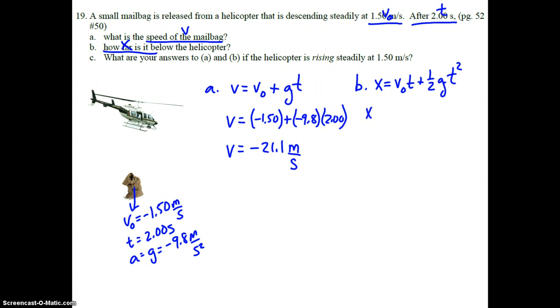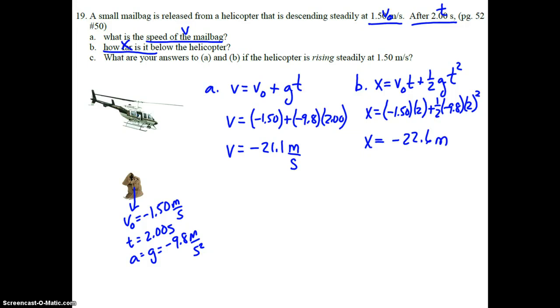Go ahead and substitute negative 1.50 times 2 plus 1/2 times negative 9.8 times 2 squared. Go ahead and calculate x, and we get a value of negative 22.6 meters.